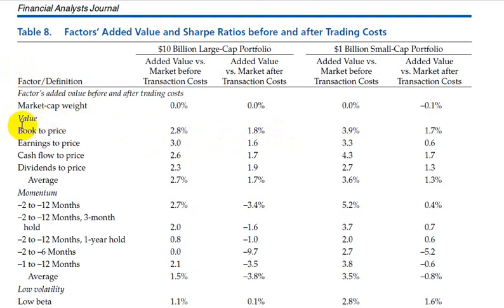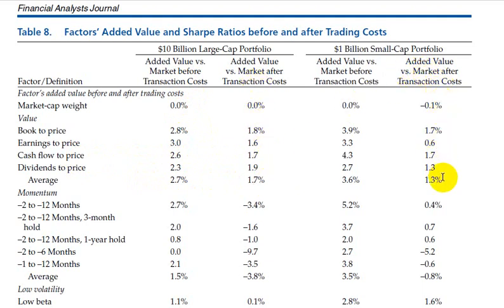So the first one is the value strategy, and we've got all the different methods that we looked at before. And we can see that before transaction costs, we got about 2.7%. After transaction costs, 1.7%. So that's not a bad decrease once we factor in transaction costs.